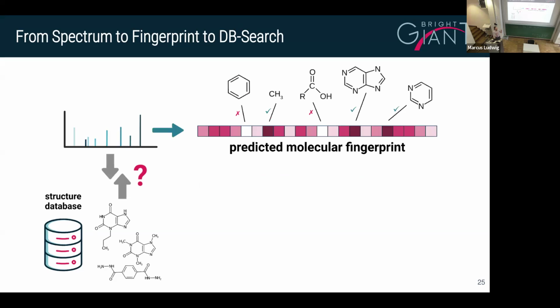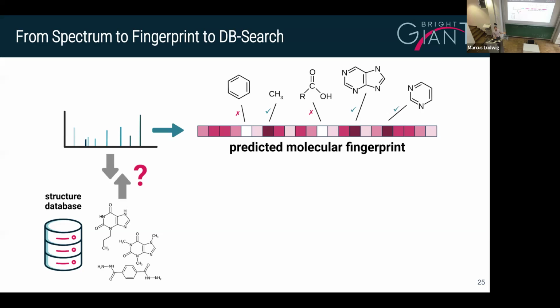What we do is take the spectrum and predict the molecular fingerprint from it. The molecular fingerprint is a vector representation, and every position in the fingerprint corresponds to some molecular property, such as a substructure. If the substructure is contained, it should have a high probability there.